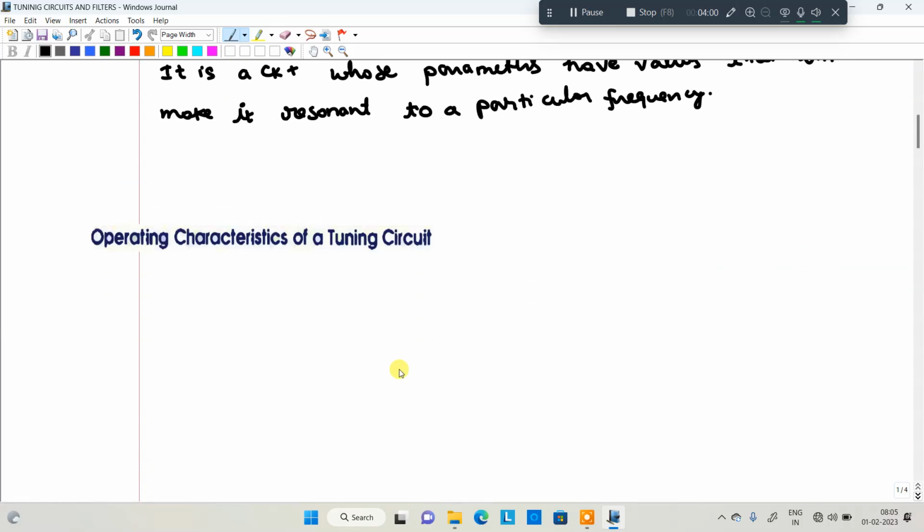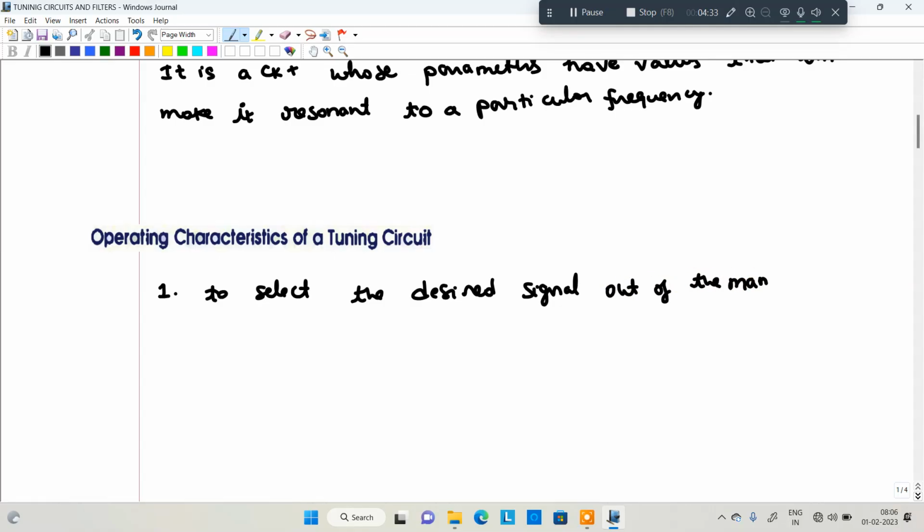So we'll see the characteristics of a tuned circuit. We are going to discuss three important characteristics. The first characteristic is to select the desired signal out of the many available signals.